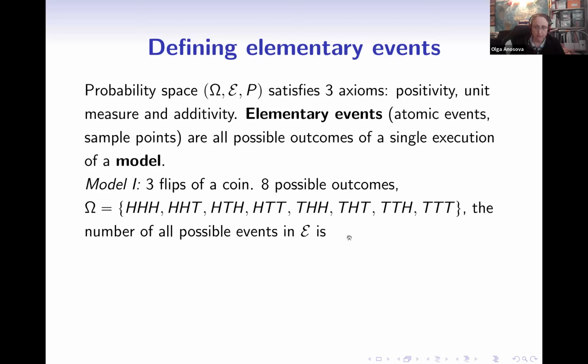We have 8 outcomes, and all possible events are just all possible sets that we can make, or all possible combinations that we can create out of those 8. So any ideas how to calculate it?